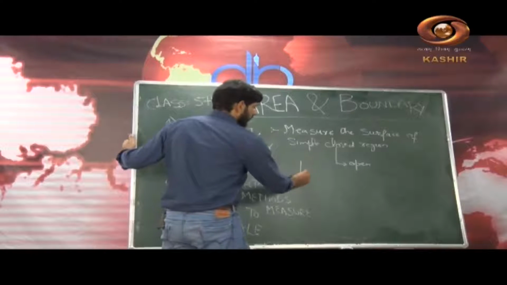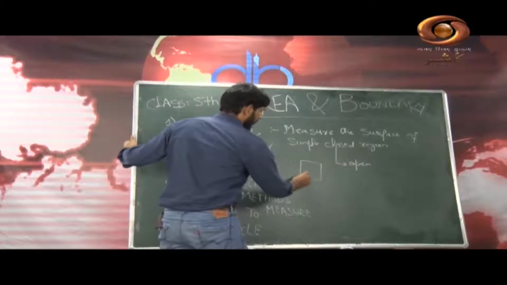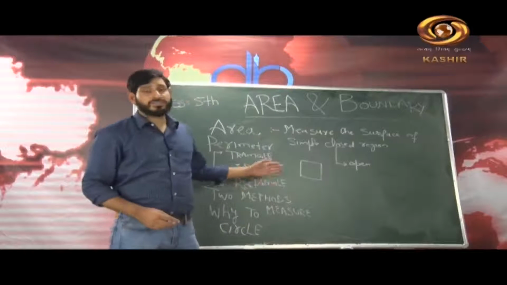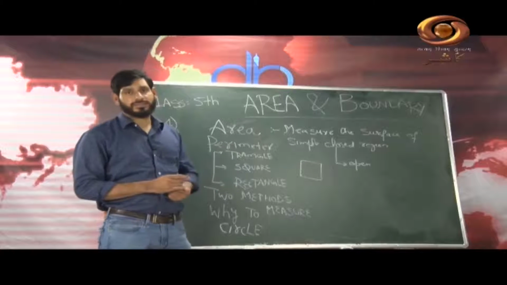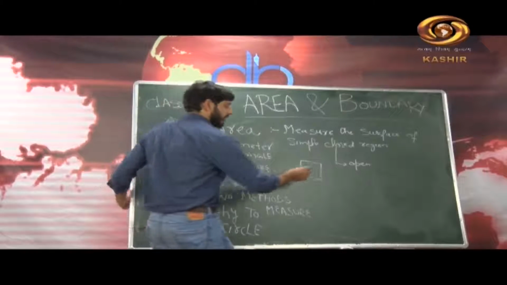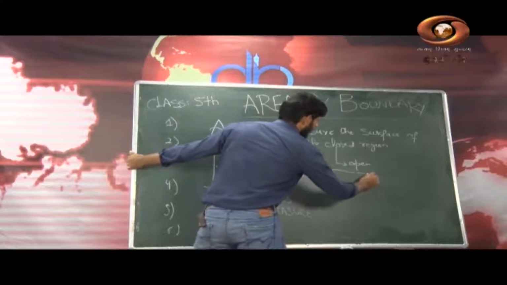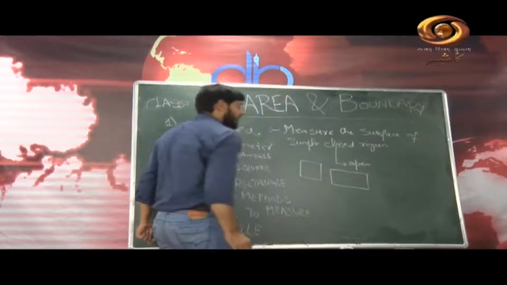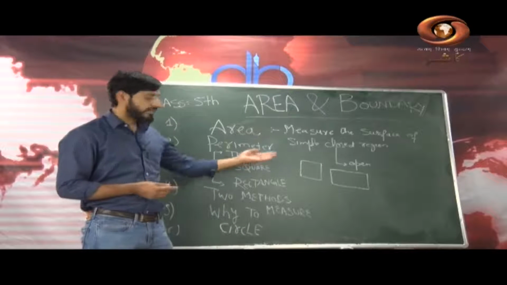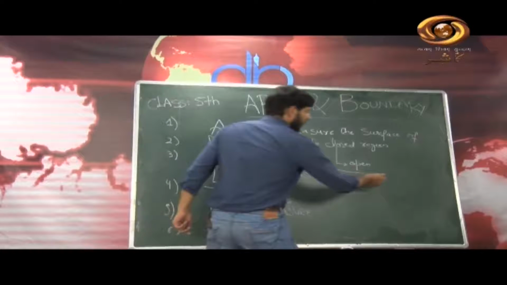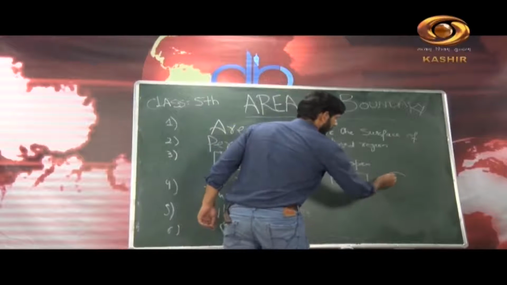Suppose I have some figure like this. We can see that it is bounded on all its surroundings. So, it is a closed figure. We will not name them anything yet, we are just drawing simple closed figures. This again is a closed figure.